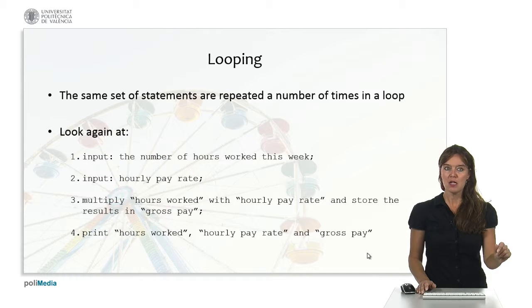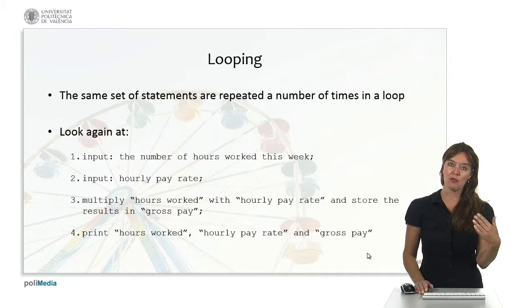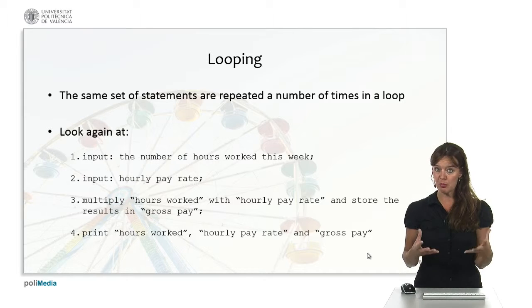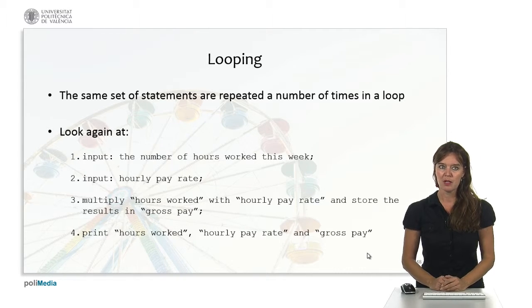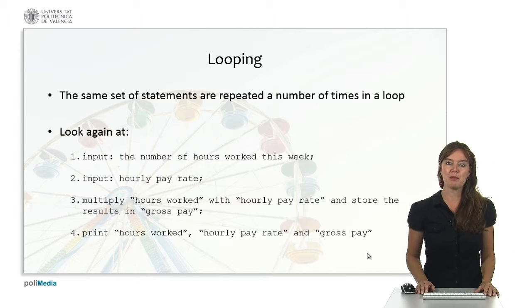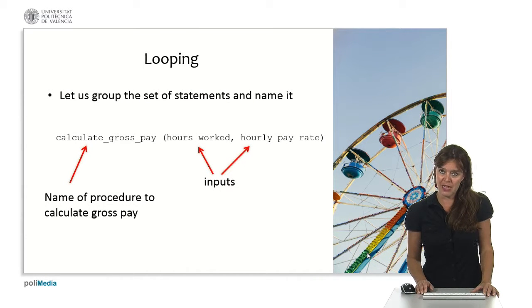So look again at this example we've seen before, where we input the number of hours worked, we input the hourly pay rate, we multiply the two, and we store the result in some gross pay variable. So imagine that we want to repeat this a couple of times. So let's first make it more compact and group this set of statements into what we can call a procedure.